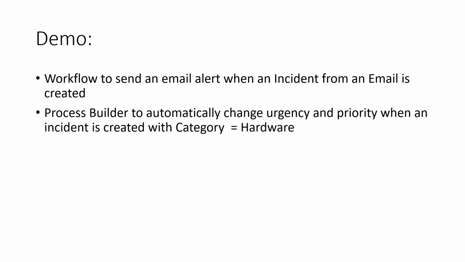The second part will be a process builder to automatically change the urgency and priority when an incident is created with category equals hardware. And last but not least, we're going to see an example of how a flow looks, how the flow UI is, and how you can start playing with flows.